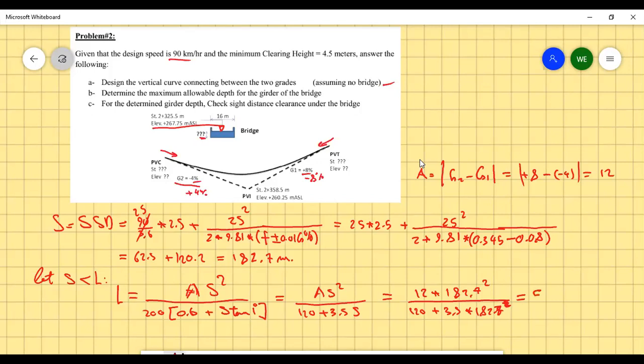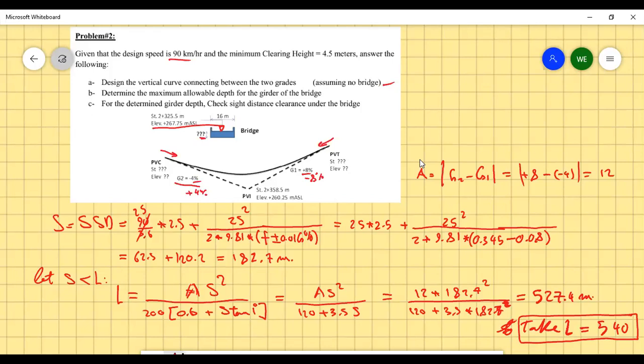So this will be 527.4 meters. Then take L equal to 540. So this is the design length.